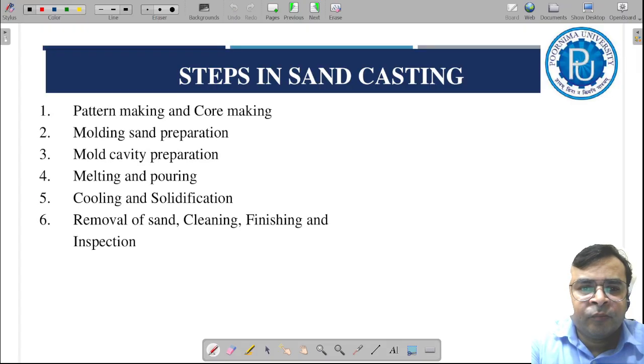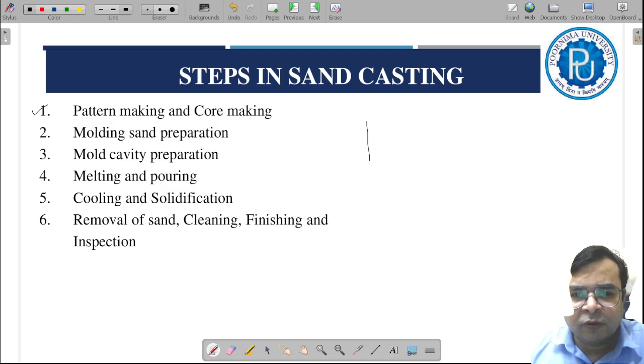Is that right? Okay, next, what are the steps involved in the metal casting process? First we need to make a pattern or a core. This is the primary step, pattern making. So let's suppose this is an object which you need to produce. Is it right? Initially, let's suppose it has a hollow cavity, a through hollow cavity.